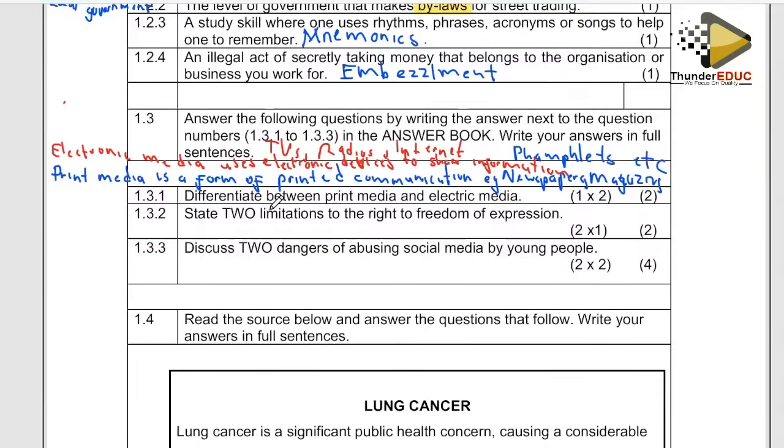So in other words, the question is asking, what are the limitations when you are sharing information with others? What are the restrictions which govern the sharing of information with third parties?